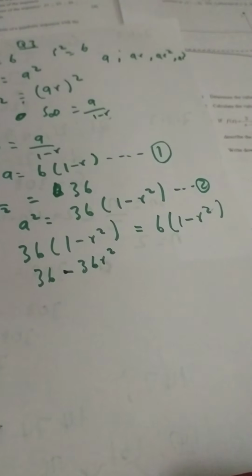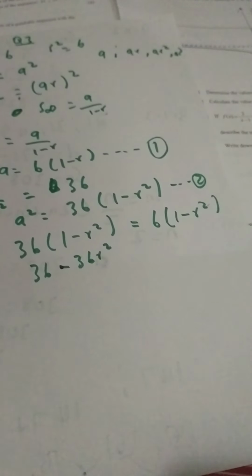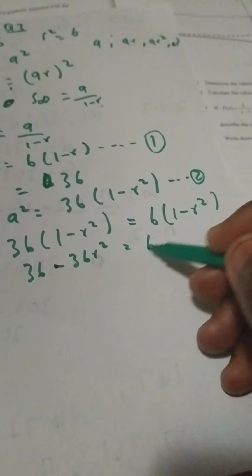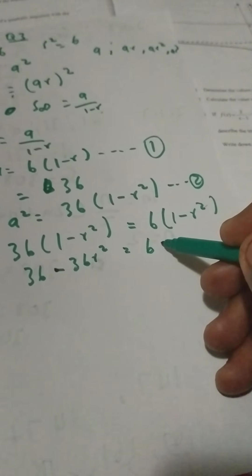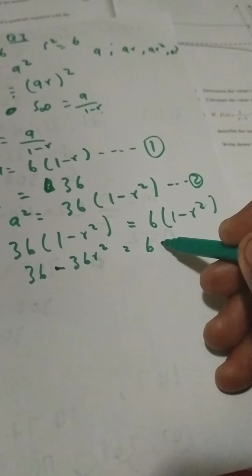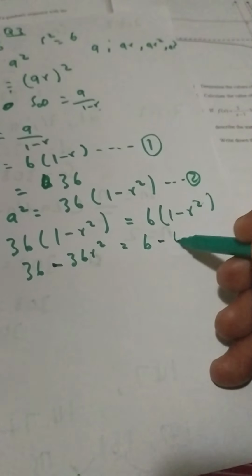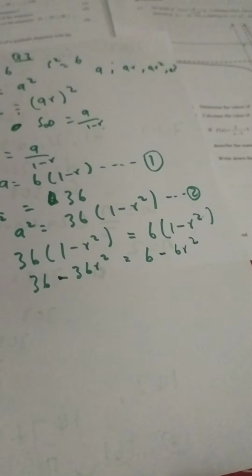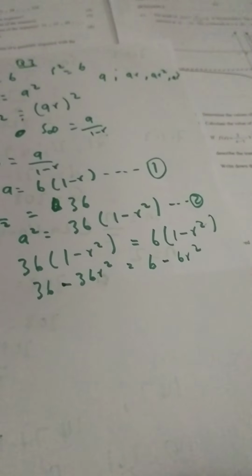Then we just need to continue and see how much we're going to get. And then this side will be 6, and this side, how much are we getting? I'm going to have negative 6r squared.